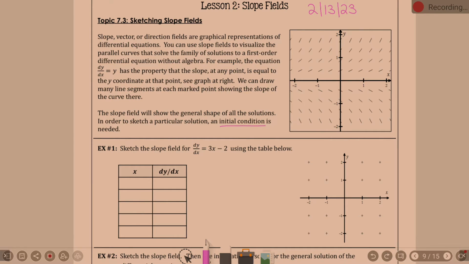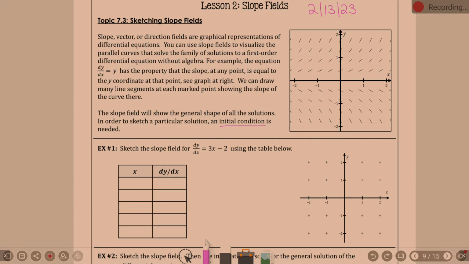Which I guess technically 5 is enough, but sometimes they give you charts and really you could fill in this whole chart because in a way, if you think about it, there's 25 places we're going to fill in slope. In other words, if we're filling in slope at each ordered pair, so at (-2, 2), (-1, 2), (0, 2), do we need to fill in slope on the axes as well? There's technically 25 places that we're going to fill in slope.